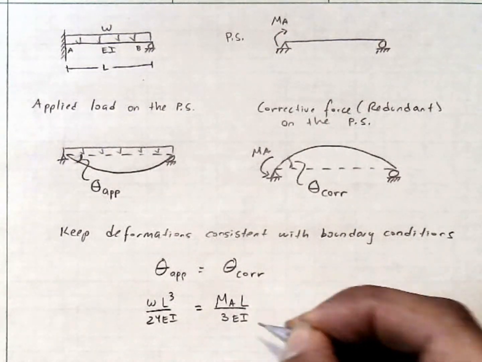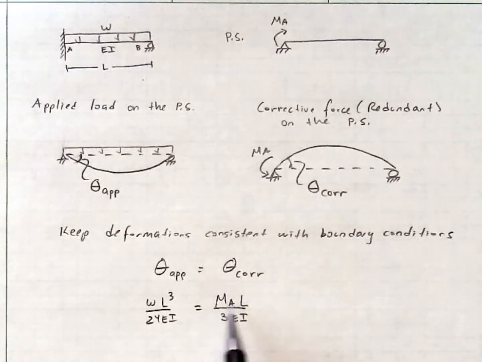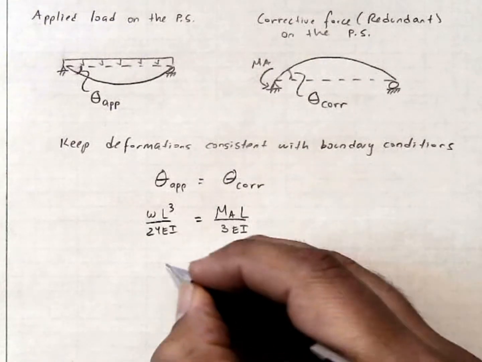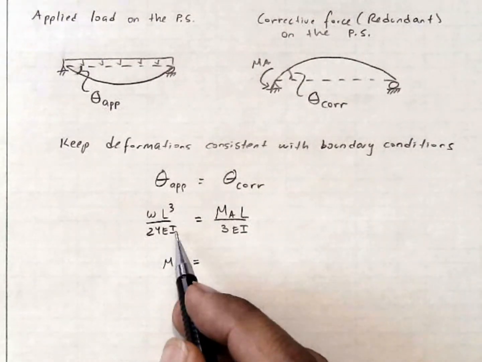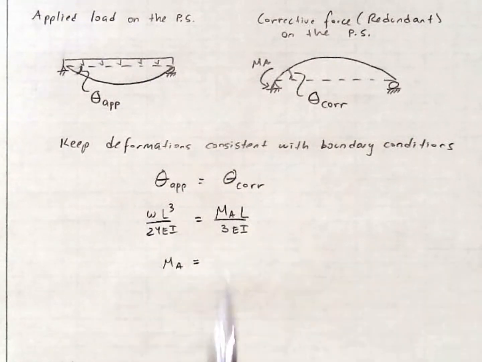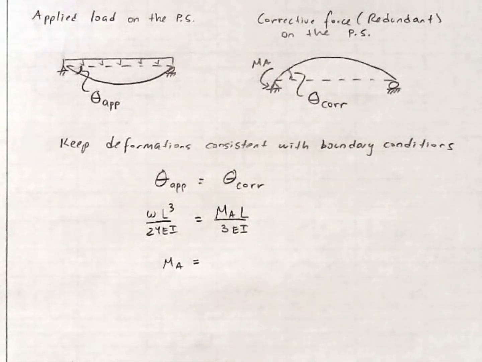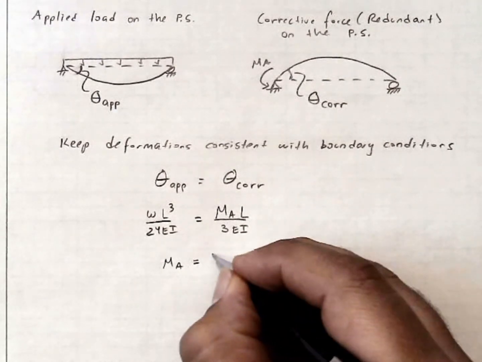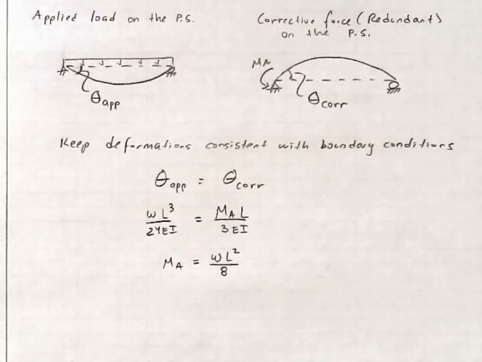over 3EI. Once again, this is called the force method because the force is the primary unknown, so I can solve this for M_A. The EI's will cancel, there'll be a WL squared here, and the factor here is 8. So I get WL squared over 8.